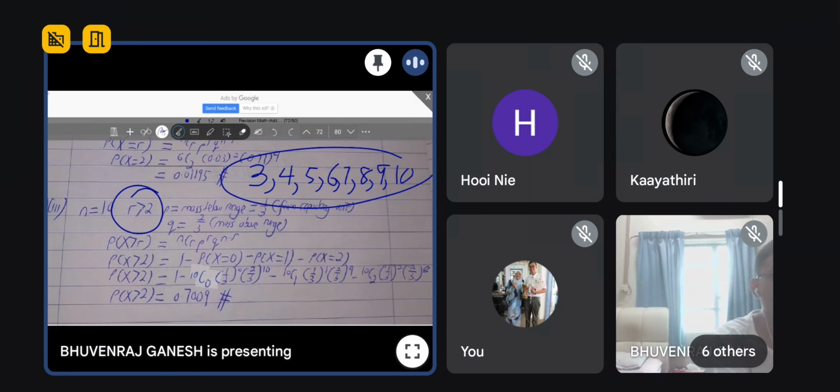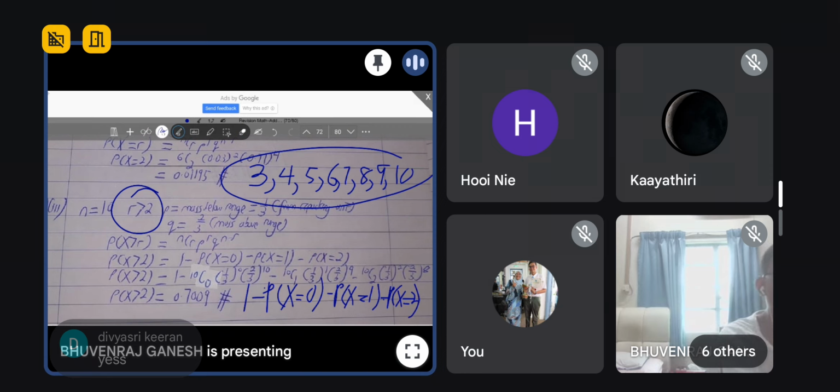So the easy way is, you take 1 minus jumlah kebarangkalian 1, total probability 1, minus probability x equal to 0, minus x equal to 1, minus x equal to 2. Do you guys understand? Boleh dapat? Because our range is r greater than 2.